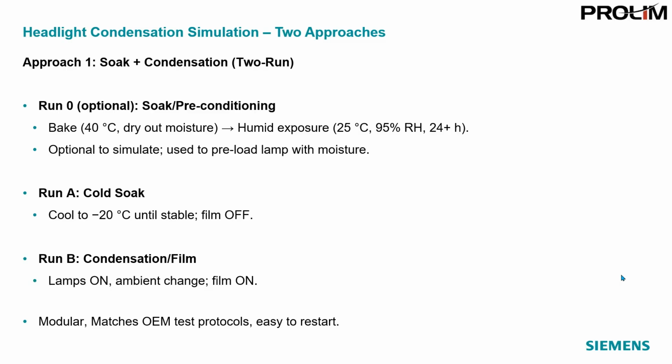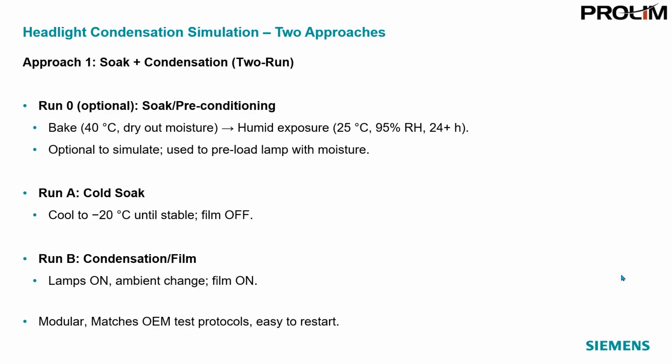So number one is you can split that approach into soaking and then condensation, where you do two or three separate runs, where the first run is basically your soak or preconditioning, where you bake and then expose it to a humid environment. This is optional to simulate. It is generally used to preload the lamp with moisture, and then you can run a cold soak where you cool your headlight assembly to negative 20 degrees Celsius.